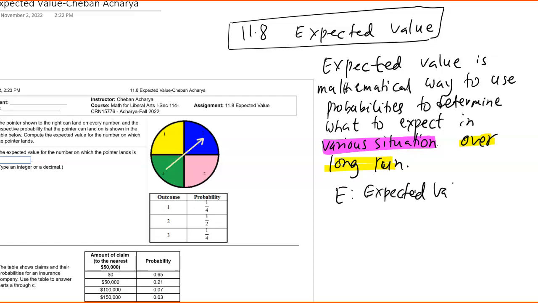There is only one rule or formula to find the expected value.